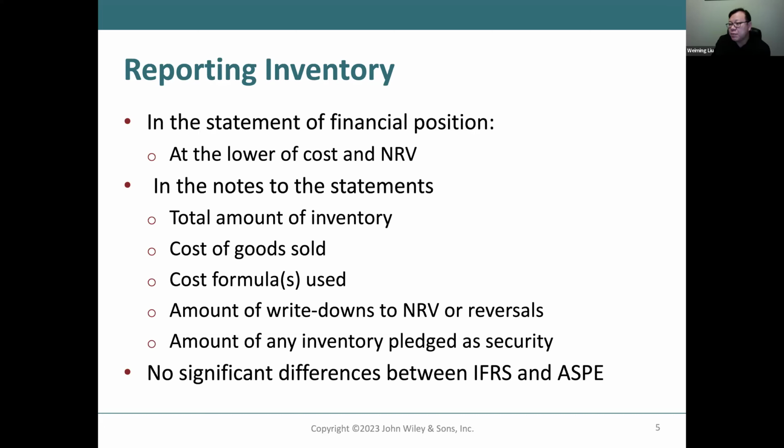This information will be in the statement of income, but it's good to disclose it here for each inventory, and then the cost formula used. Did you use specific identification? Did you use FIFO? Did you use average cost? There's no significant difference between IFRS and ASPE.